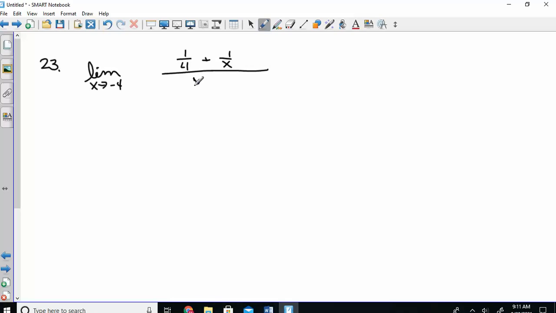So basically, the trick to these is doing some kind of algebra before we can do the calculus. Okay, I can't just plug in my -4, so I have to go back to my algebra days. We don't leave a fraction within a fraction. So what could I do to get rid of that? We have to multiply by a 4 and an x, but we can't change the problem, so if we do it on the top, we have to do it on the bottom.